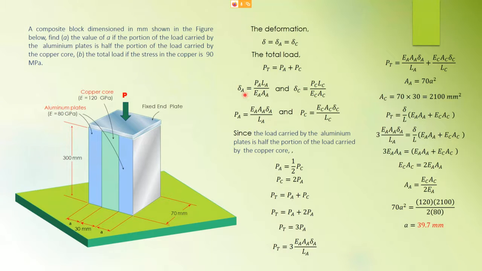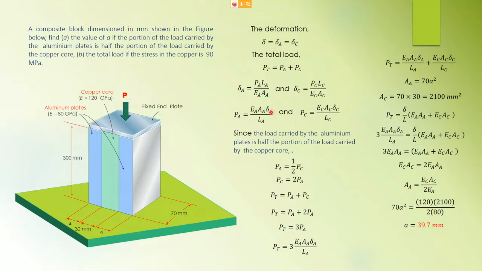And we know that both deformation is given by the formula FL over AE, that is based on the definition of stress and the definition of Young's modulus. You will arrive at this and this formula. So changing P_A and P_C to be the subject.